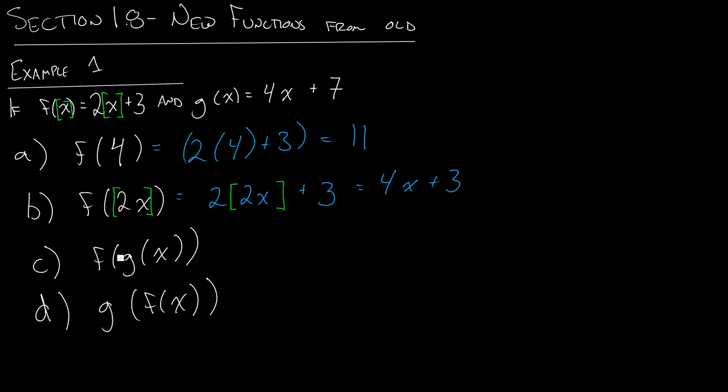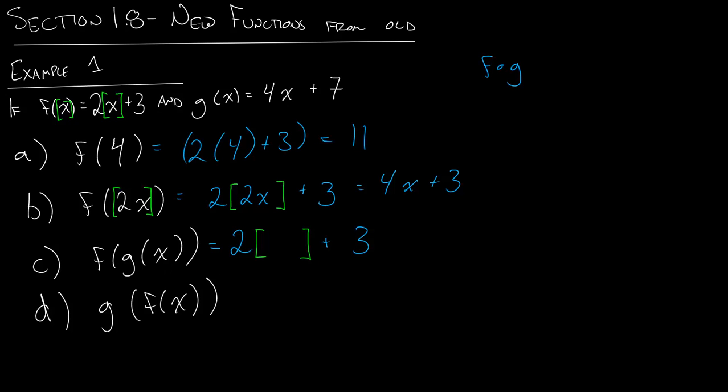One way we'll read this is f of g of x. Sometimes they might write it out with a little circle, like f of g. But let's just apply the same technique we applied here. Let's start with the square brackets. We want to write that this is equal to 2 times whatever my input is, plus 3.